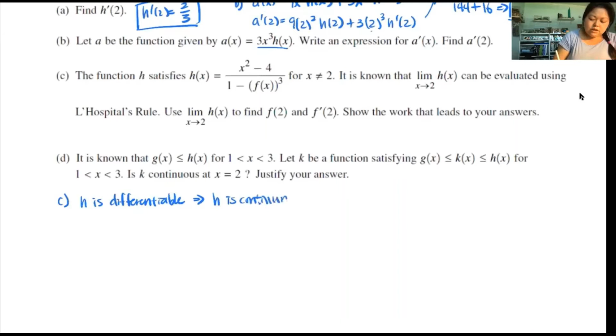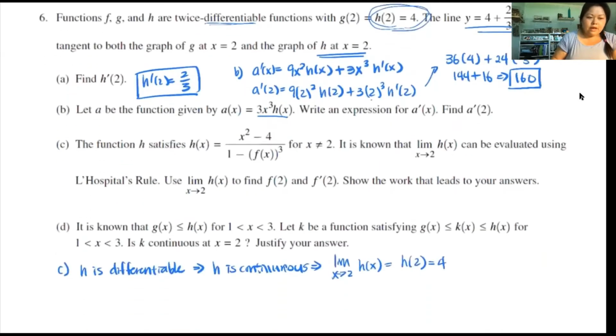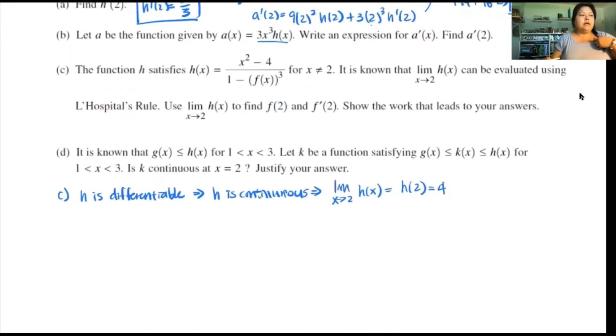What does continuity mean? Well, continuous in this case means that the limit as x approaches 2 of h of x will equal h of 2, right? The limit will equal the value, which is equal to 4. Again, that's what is given to us in the problem. Okay, so that means if we look at the limit as x approaches 2, we're going to define this using this right here.